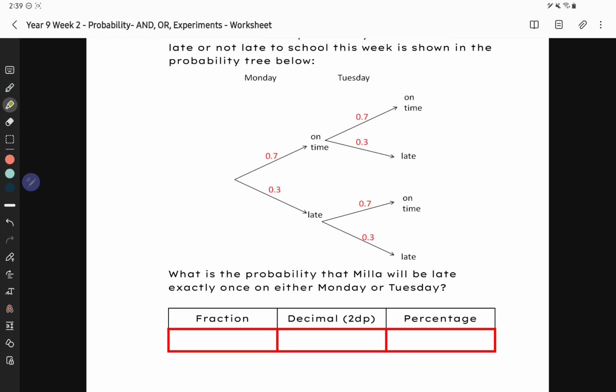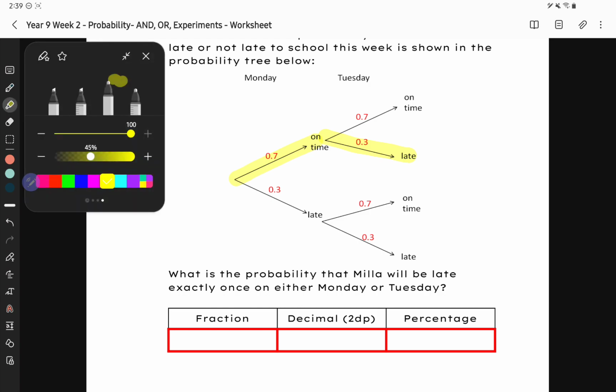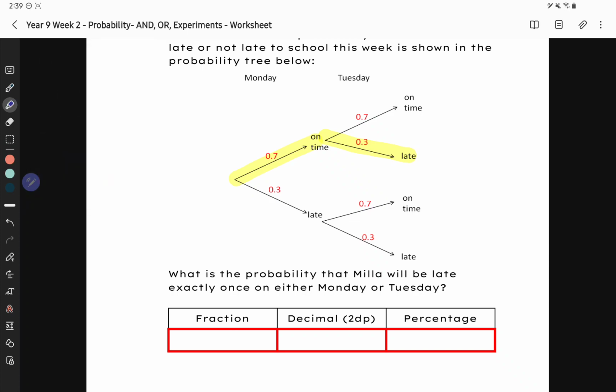So we are looking at 2 possible events. On time on Monday, but late on the Tuesday. Or we are looking at the case of late on the Monday, but on time on the Tuesday.